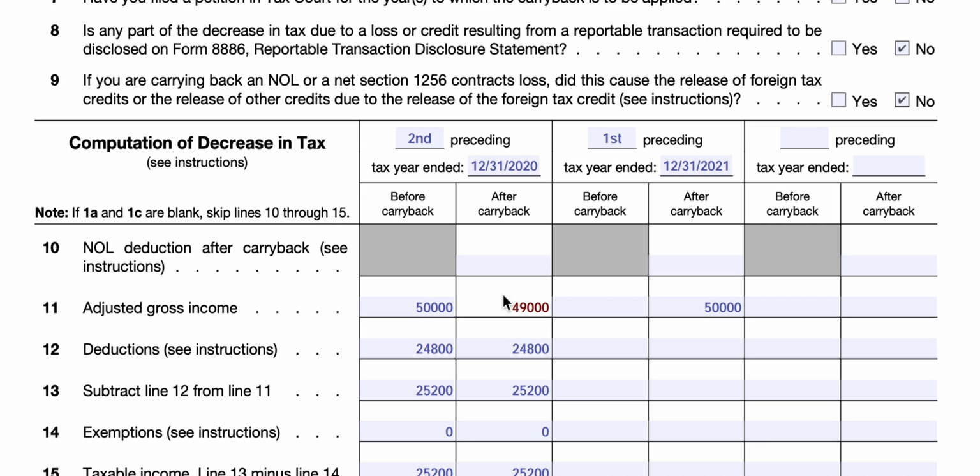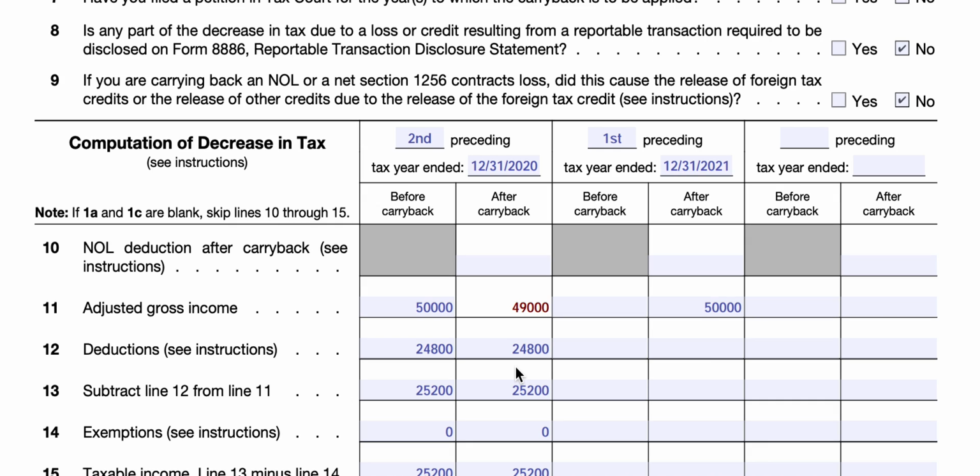If for some reason that impacted an itemized deduction that's calculated as a percentage of your AGI, then you need to recalculate that under line 12. So you may have to refigure medical expenses, mortgage insurance premiums, personal casualty and theft losses. And although they are suspended through 2025, if they do come back, you would also have to recalculate miscellaneous deductions that are subject to the 2% AGI limit.